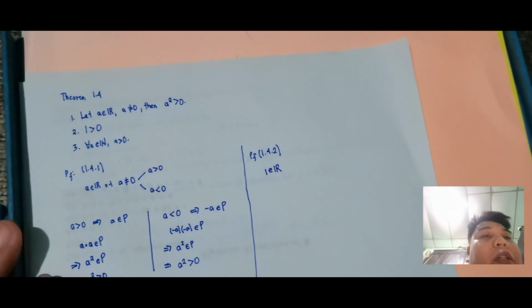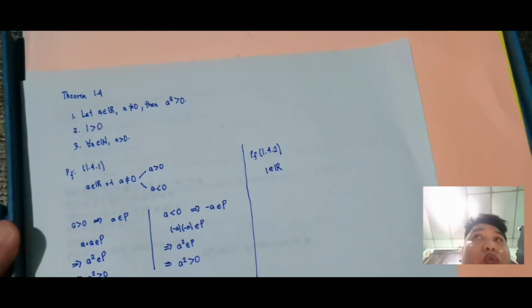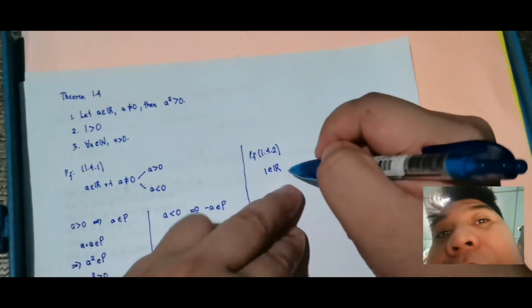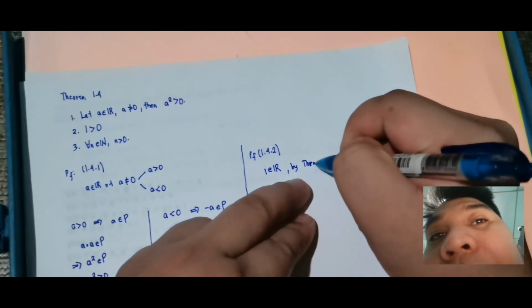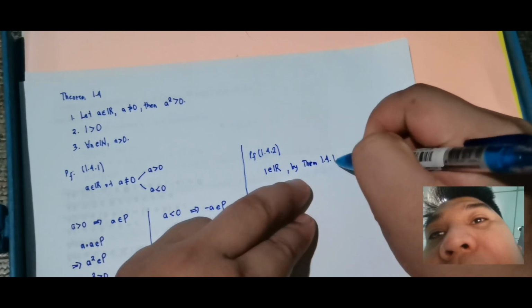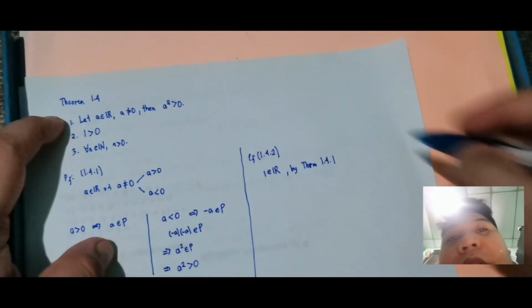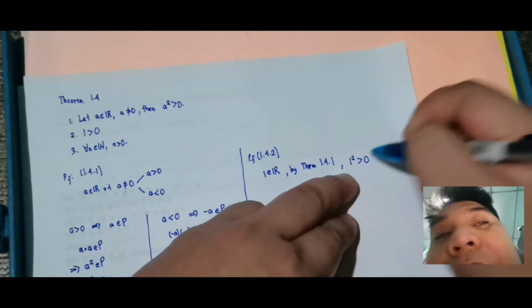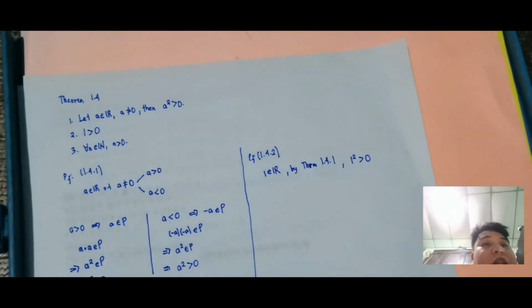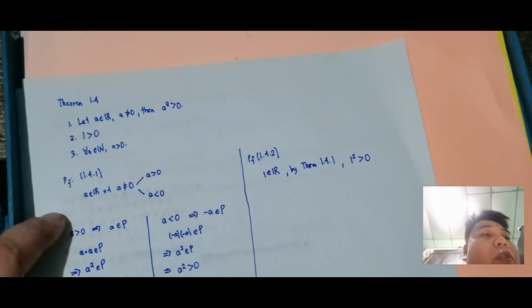Okay, so you are aware that 1 is an element of the real numbers. So, what can you say? So, by theorem 1.4.1, this is it. Then, 1 squared is greater than 0. Okay? I already used 1.4.1.